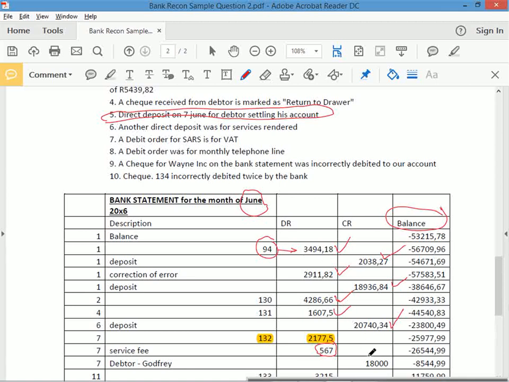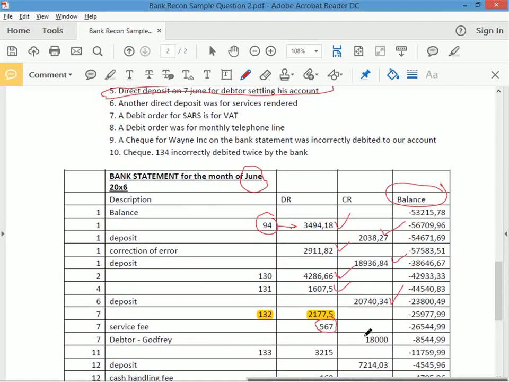So this 18,000 isn't being shown in my books. A direct deposit obviously isn't going to be recorded in your books because you wouldn't have known it happened. So if someone directly deposits money into your account, you need to investigate where it came from and what it is for. Right, so Godfrey directly deposited 18,000 in your account.